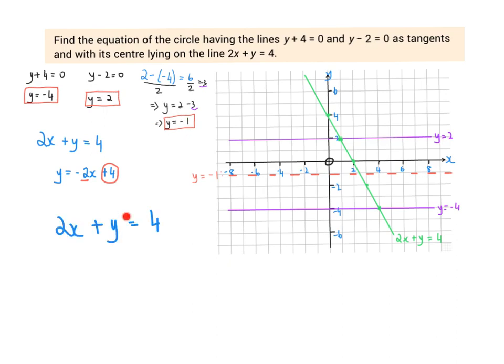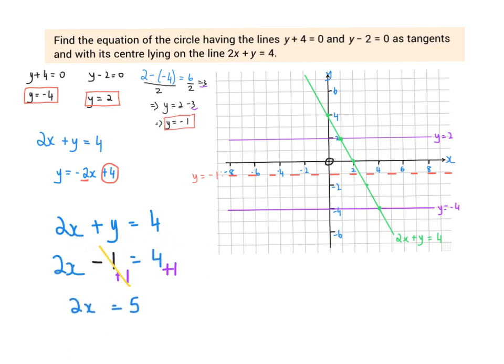So I am going to substitute minus 1 for y here. So here we have 2x plus y, so that's plus minus 1, which is minus 1, is equal to 4. And then tidying up to solve for x, plus 1 on both sides, they cancel, and we have 2x is equal to 5.